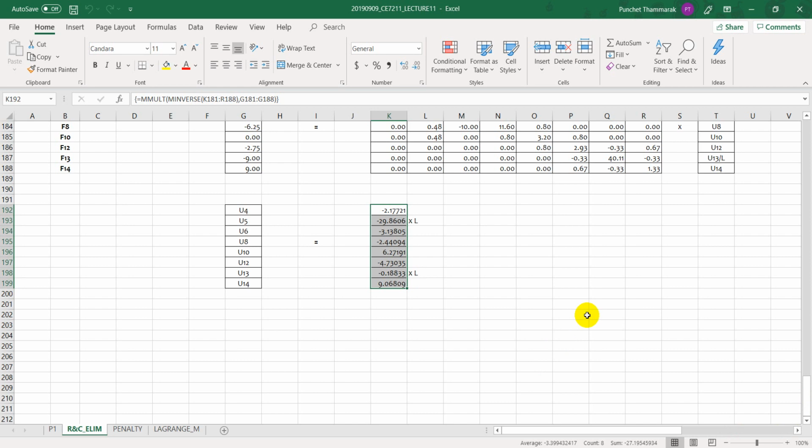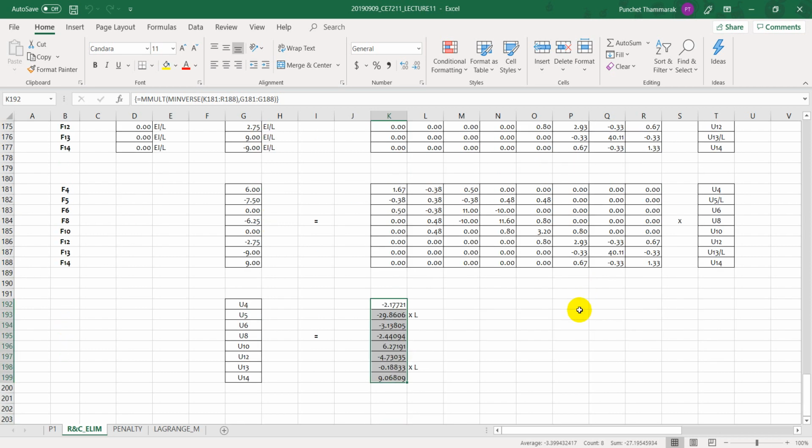Even the beam or the truss member, it is just the governing equation for one member, right? So if you come back to that equation and stuff everything in, you'll be able to find forces that are acting at the nodes, at the degrees of freedom. That will be the forces you use to come up with the internal force diagrams, for example, shear force diagram and bending moment diagram.